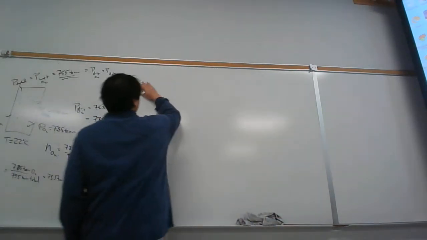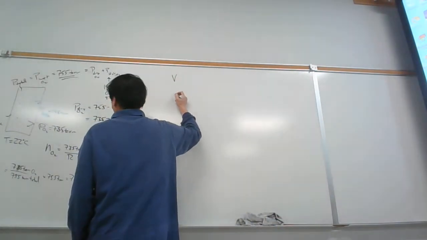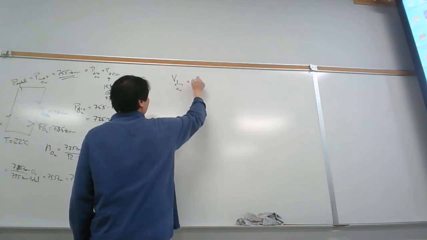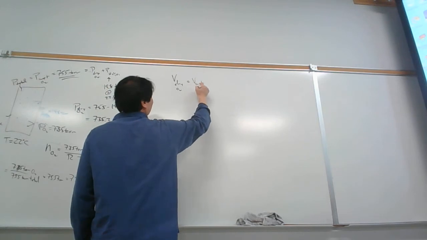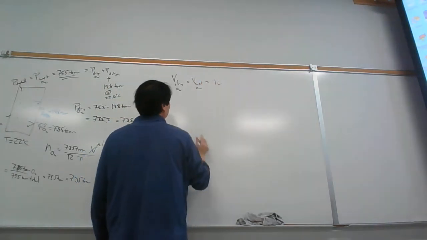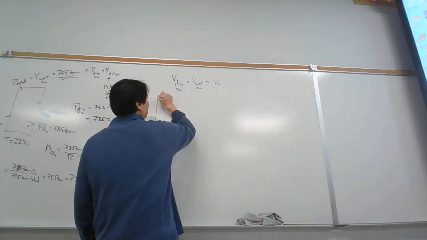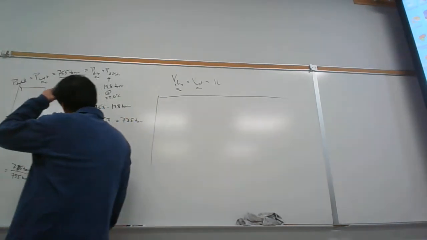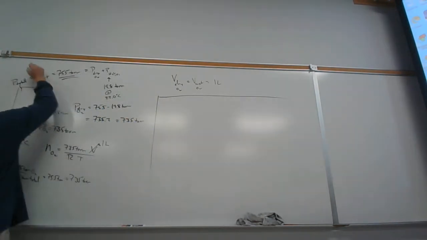The volume of the dry oxygen is equal to the volume of the wet oxygen, which is equal to the total volume, in this case 1 liter. All right, so this is Dalton's.